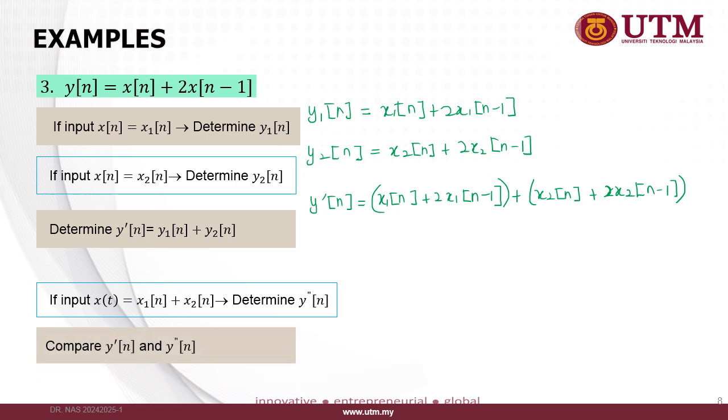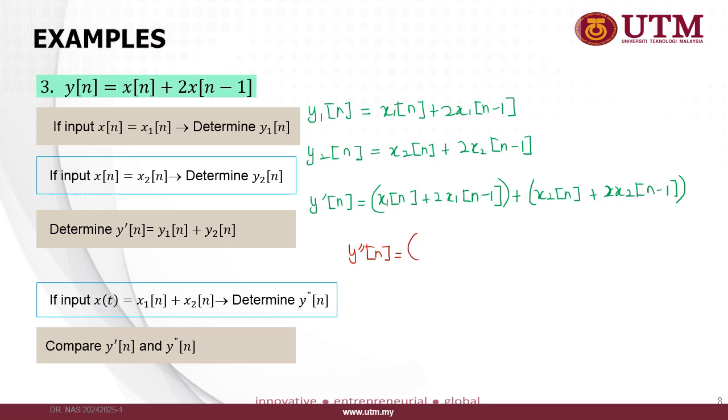Next, determine y double prime [n]. So y double prime [n] equals your x[n], which becomes x1 plus x2.